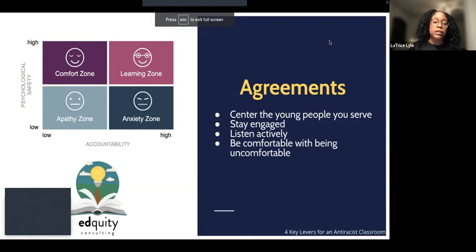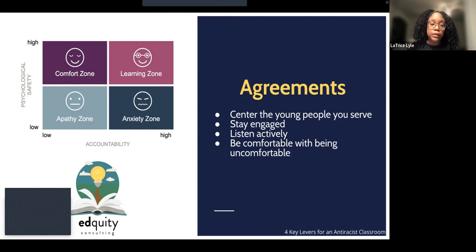I like to start each school year, as well as each time I'm leading learning with adults, with some agreements. The 4 agreements that I ask that we hold in this space today are: first, centering the young people that we serve, staying engaged, listening actively, and most importantly, I want you to get comfortable with being uncomfortable.